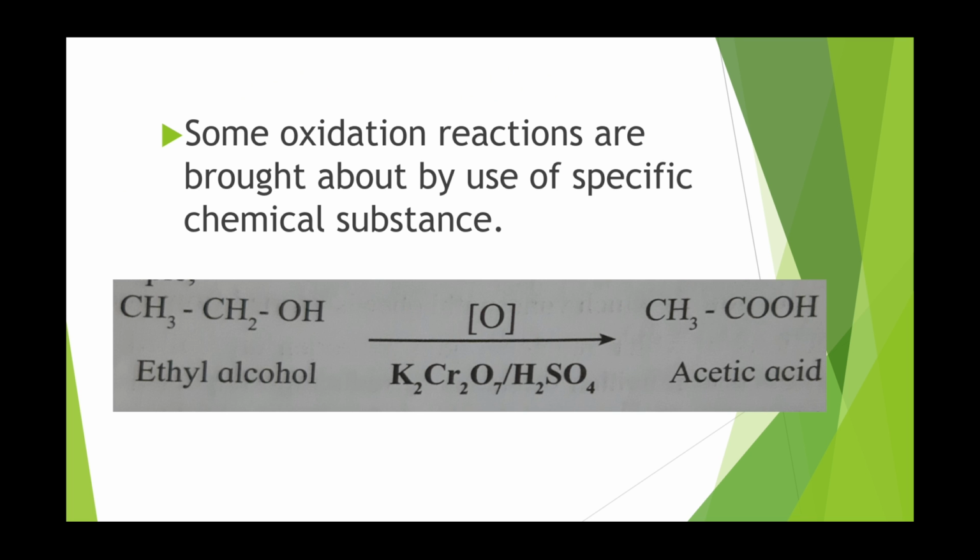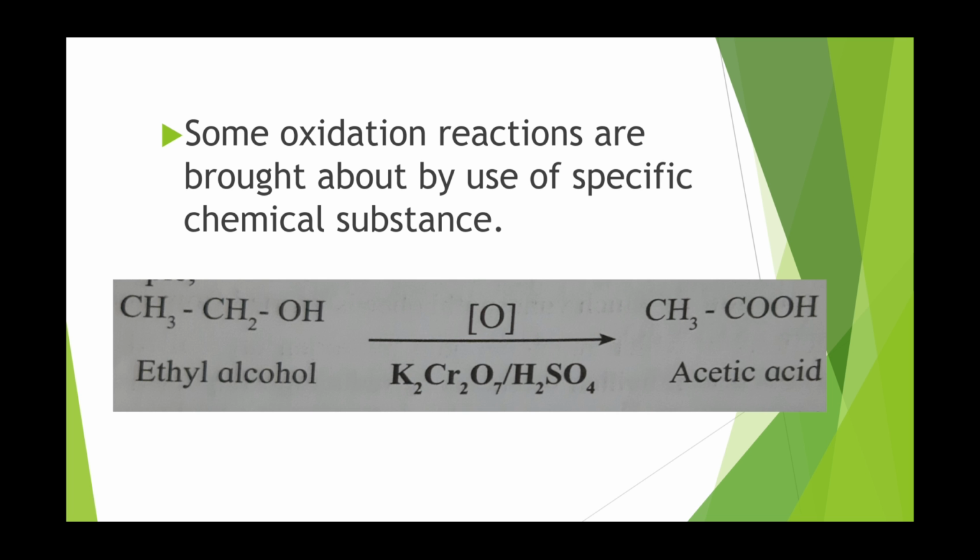Here we are using acidic potassium dichromate, that is H2SO4 and K2Cr2O7, which helps our oxidation from ethyl alcohol to acetic acid. That means it is an oxidant, a chemical substance specifically used for the process of oxidation reaction.